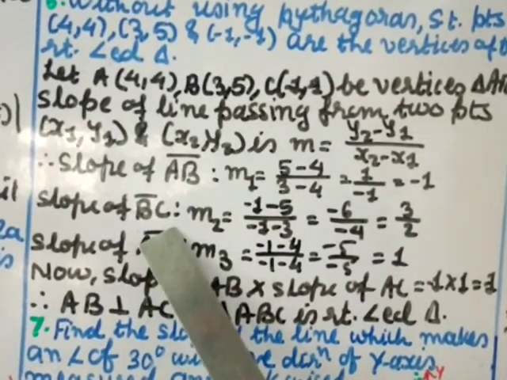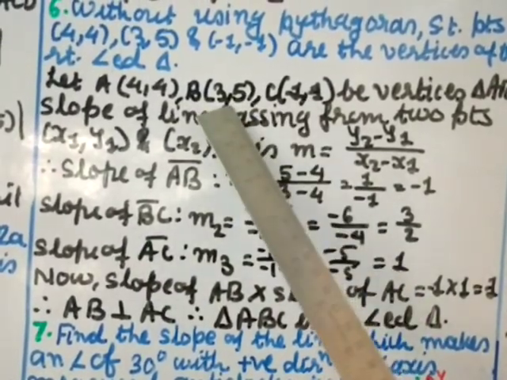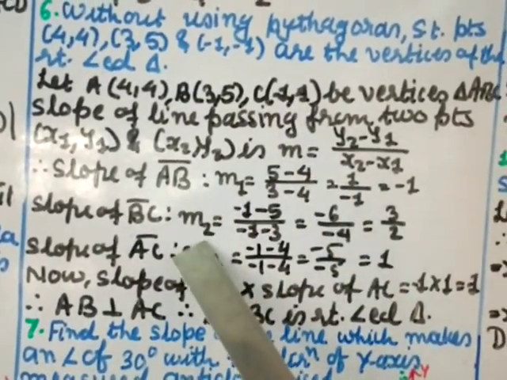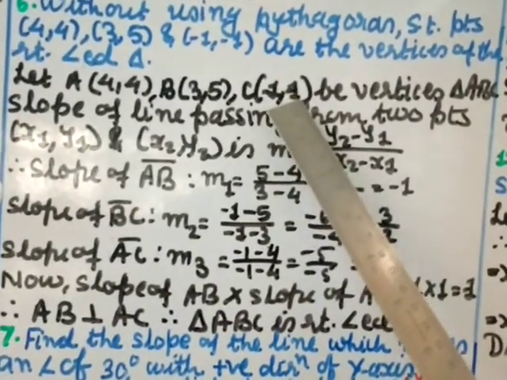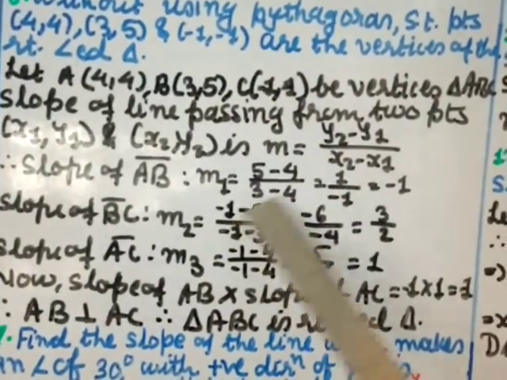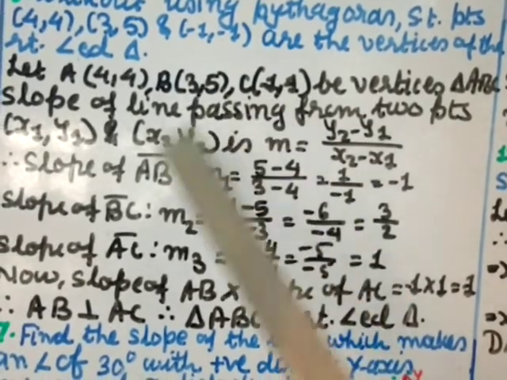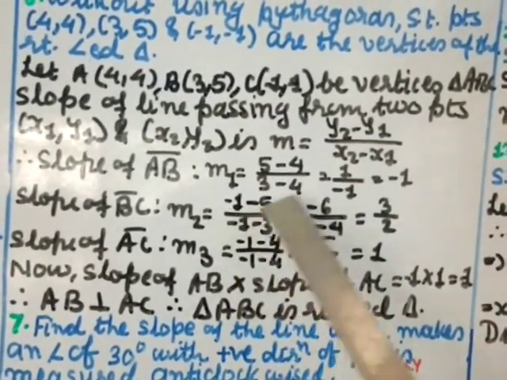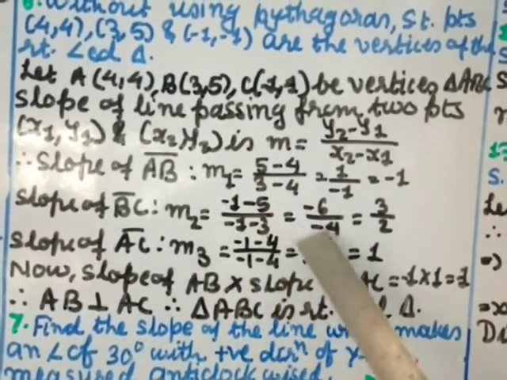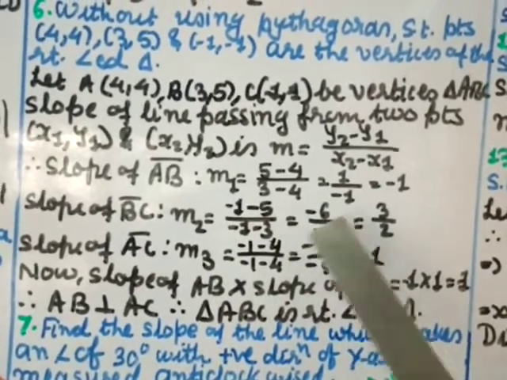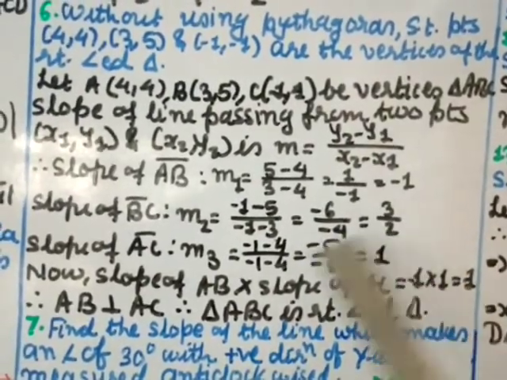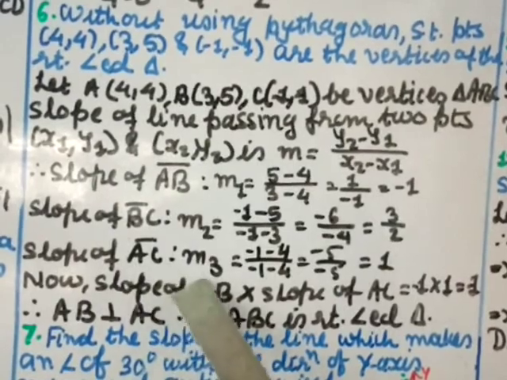Slope of BC. So this is my BC. Call this x1, y1, x2, y2. Call m2 equal to y2 is minus 1, minus 5, and x2 minus x1 is minus 1, minus 3. So minus 1 minus 5 is minus 6, minus 1 minus 3 is minus 4. Negative negative cut by 2, so you get 3 by 2. Now slope of AC, m3 I call it.